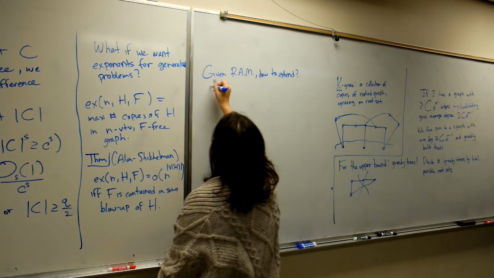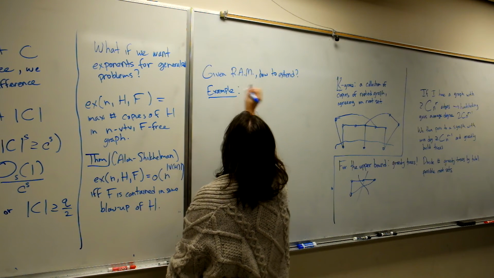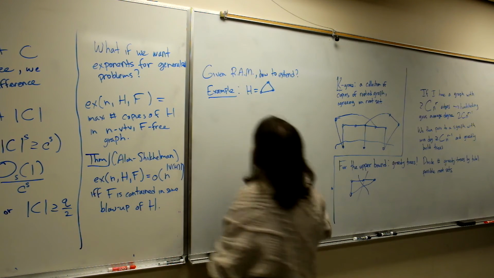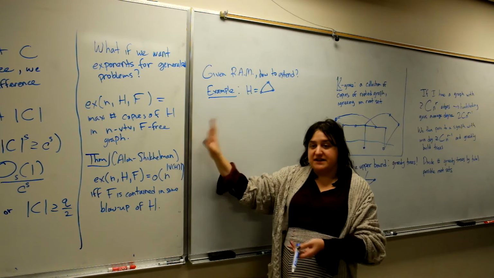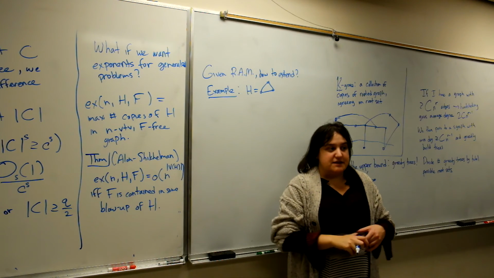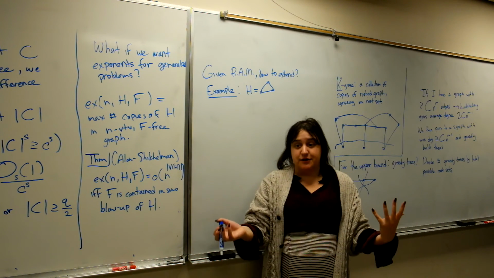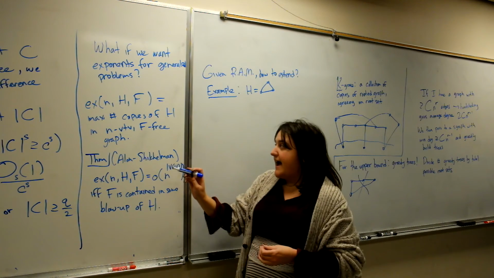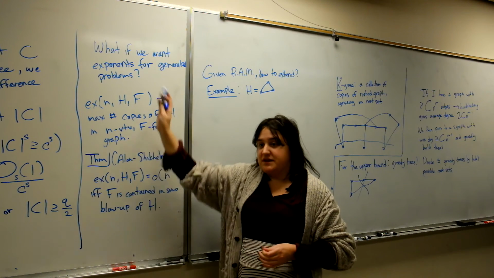Well, let's just focus on the example where H is a triangle. I want my construction that I base these groves on to be something that I could do a greedy building argument for if I know that I have more than what I think this extremal number should be of triangles.